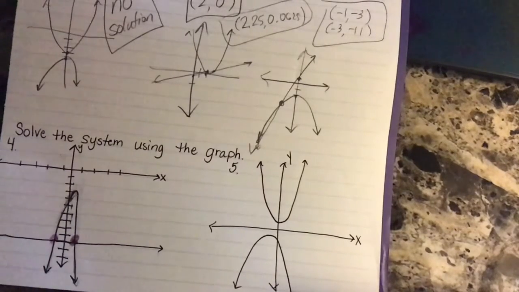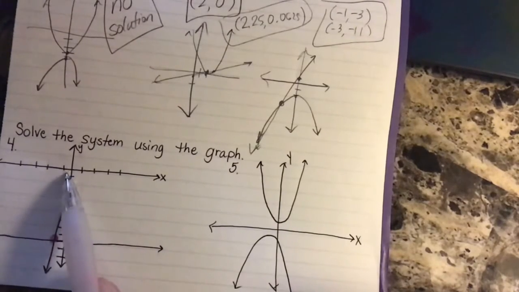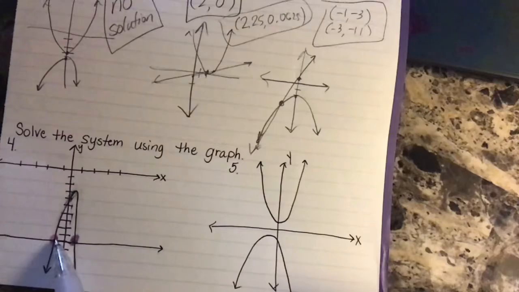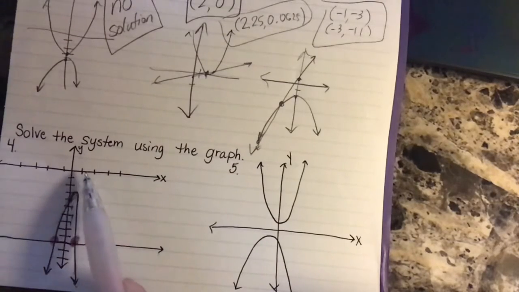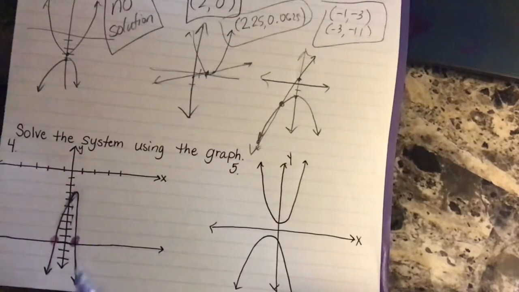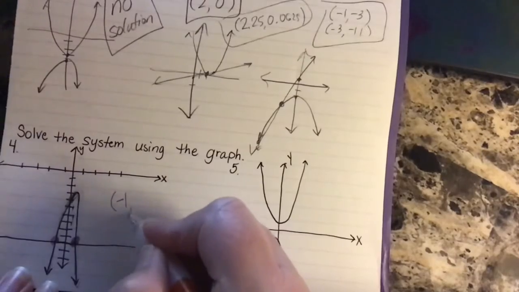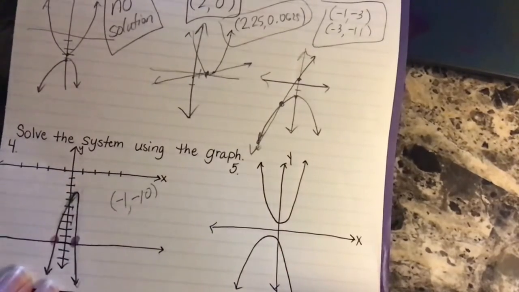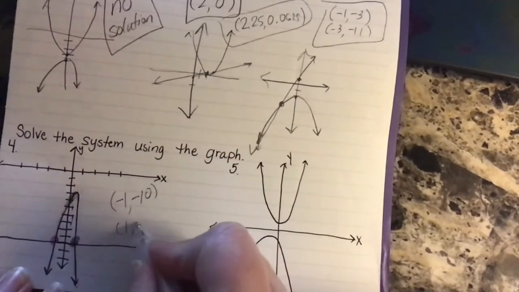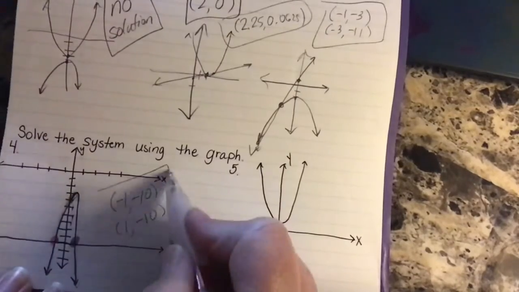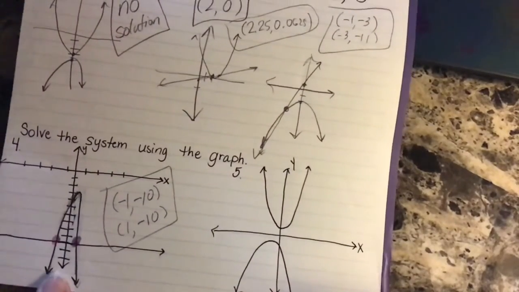Hopefully you can see that pink highlight. They cross 2 times. It looks like -1, -10, and 1, -10. So the two solutions here are -1, -10, and 1, -10. That's as easy as that is. It doesn't get any more difficult.